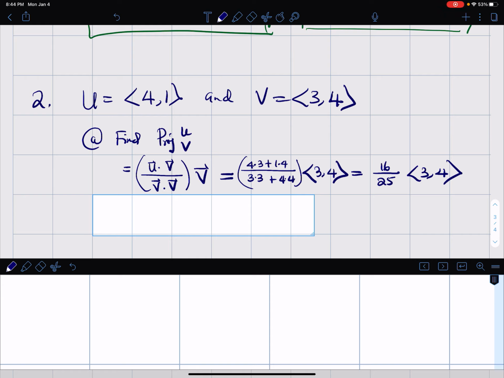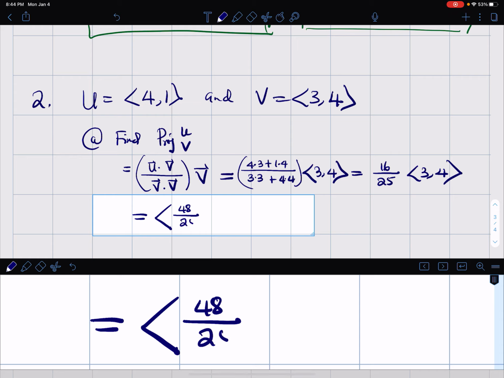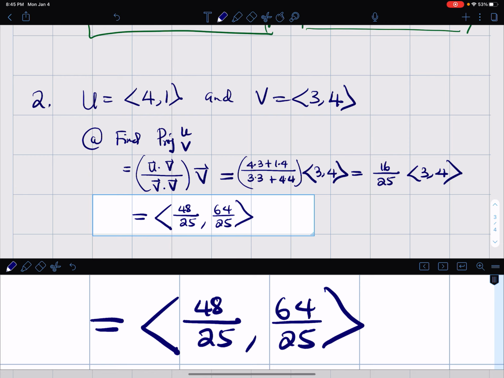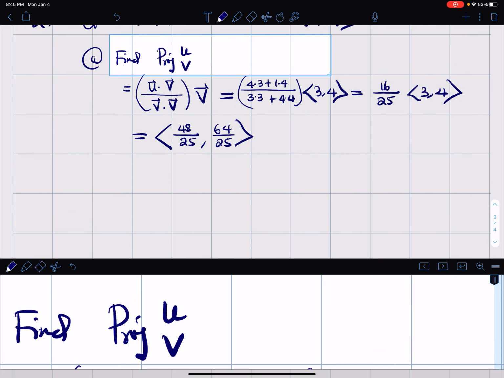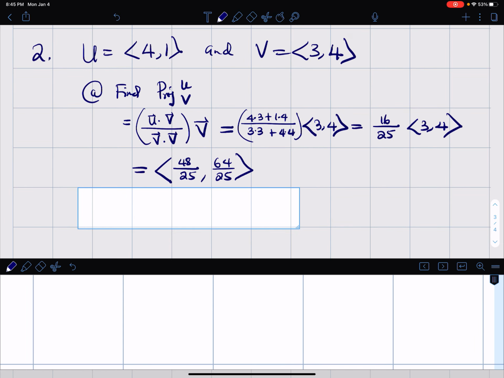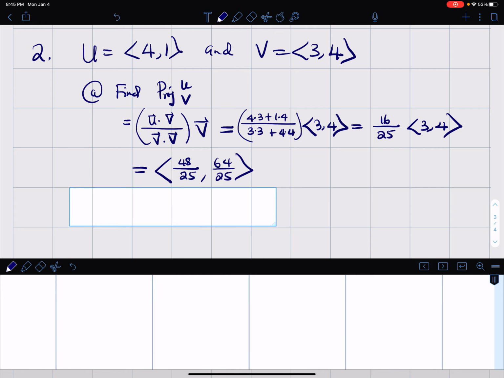The projection is always going to be a vector. So this vector is actually (48 over 25, 64 over 25). However, the scalar component is always going to be a scalar. Projection is a vector. Scalar component is a scalar.